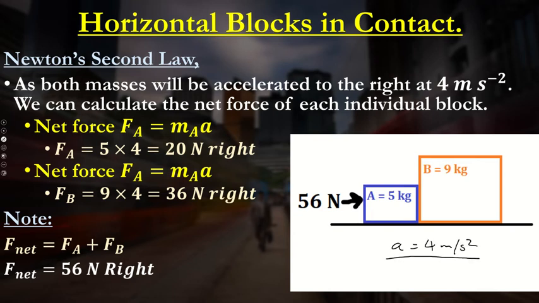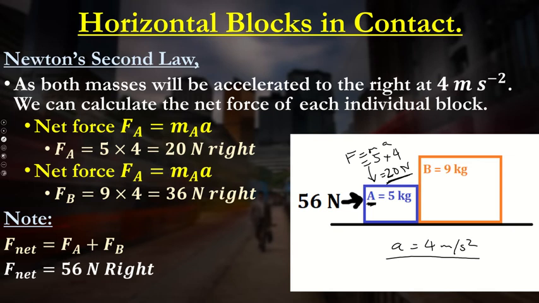If I want to work out the net force on A, F equals ma, the mass is 5, the acceleration is 4. So the total net force experienced by this box A will be 20 newtons to the right.